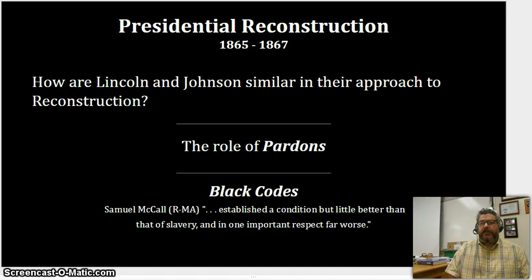So as soon as these new governments begin to take over operation of the states, we're going to see them move as far as they can back towards the direction of slavery without actually getting to slavery, which is of course prohibited by the 13th Amendment.